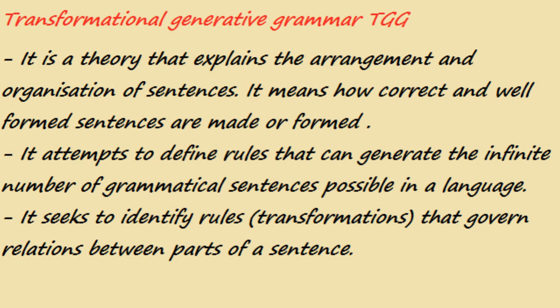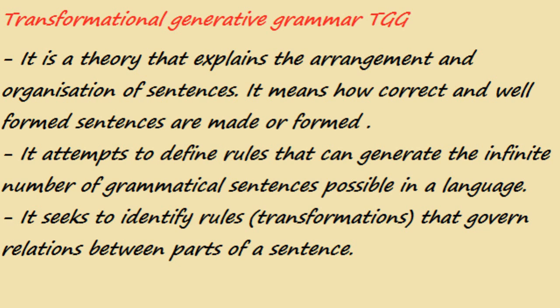It seeks to identify rules or transformations to govern relations between parts of a sentence. So here, Chomsky has another theory or method. He wanted to include transformations such as active and passive. He wanted to include these things.